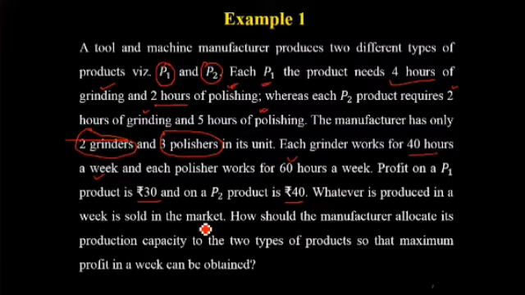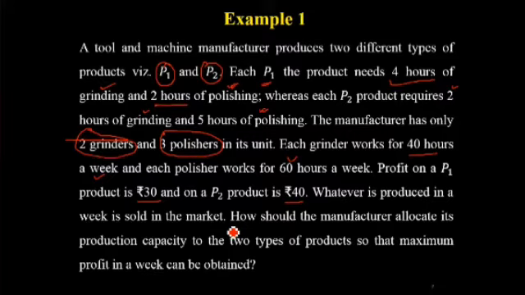Now, how should the manufacturer allocate its production capacity to the two types of products so that maximum profit in a week can be obtained? Whatever is manufactured will be sold.